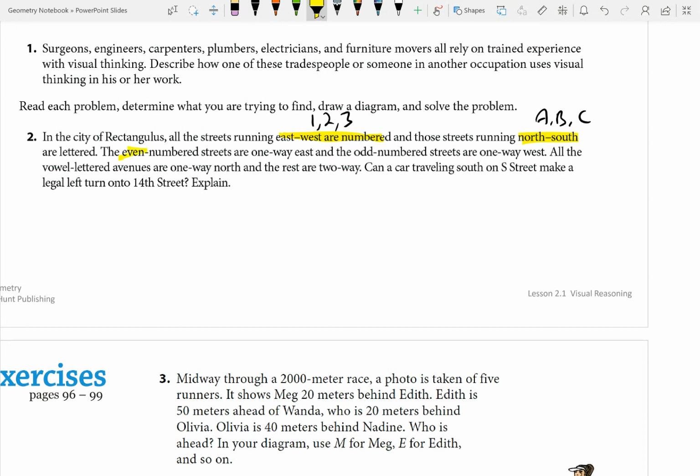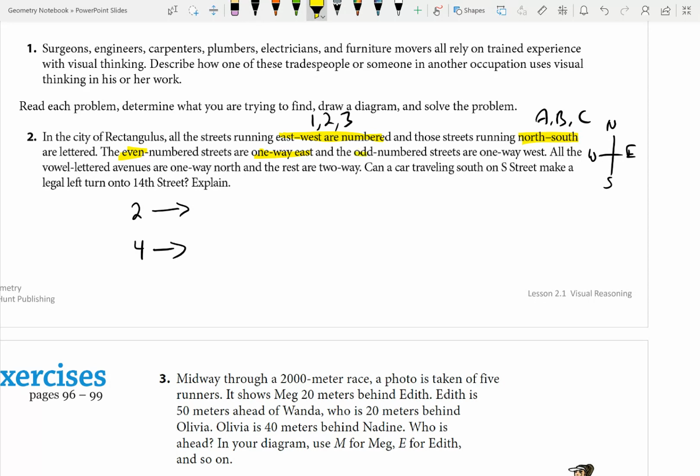So if we had 2 or 4, it would be going east. And if you recall, north, south, west, east. They're going to be even numbered, one way east. So that's going to be this way.